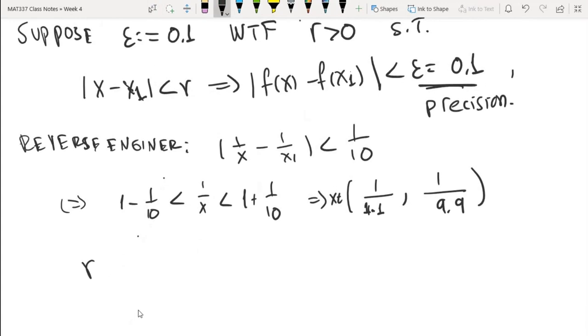Apparently this is like 1 over 11, close to x naught.